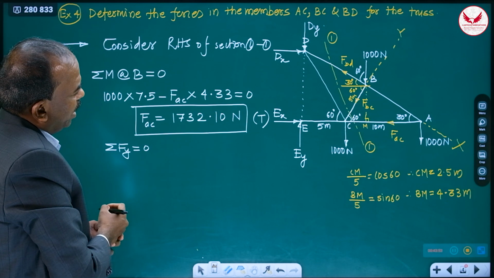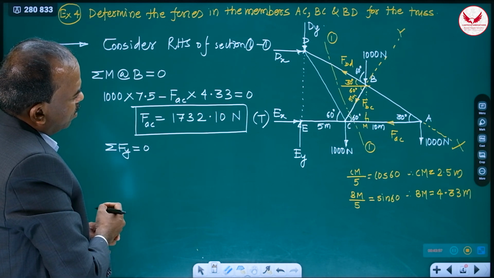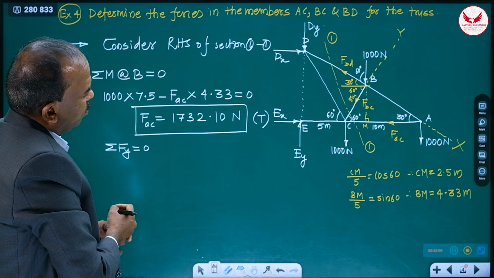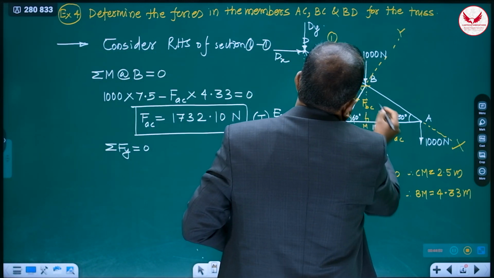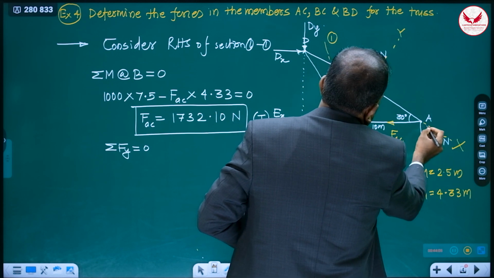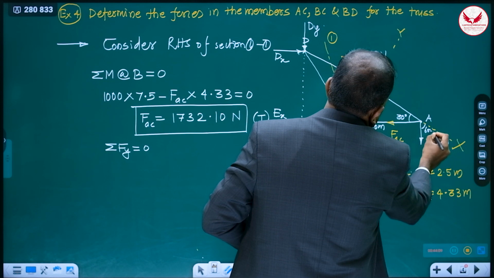For summation Fy, BD we don't have to consider. And see that if this angle is 60, this angle with the x-axis is also 60.